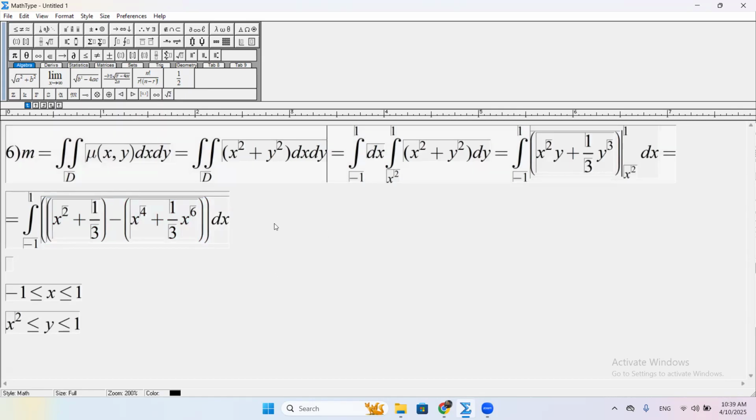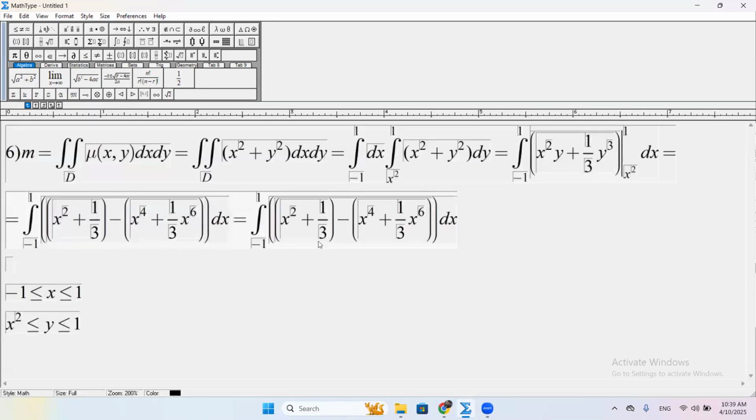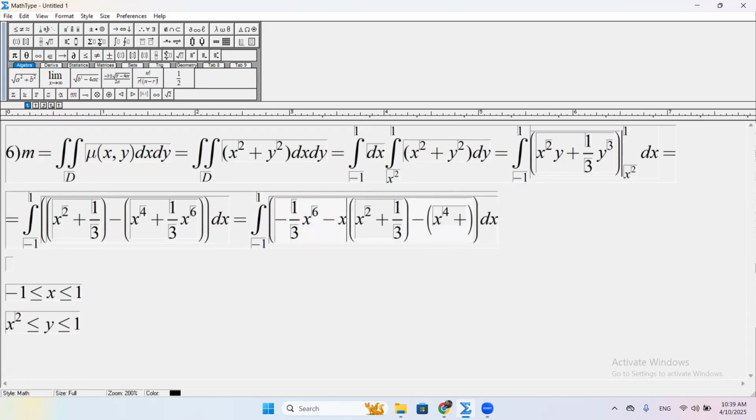Okay, let's also expand brackets. So minus 1 over 3 x in power of 6 minus x in power of 4 plus this expression.